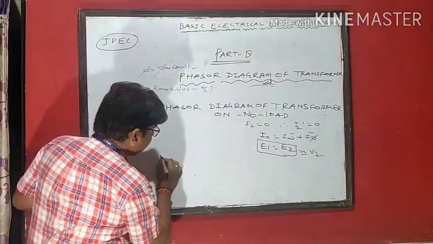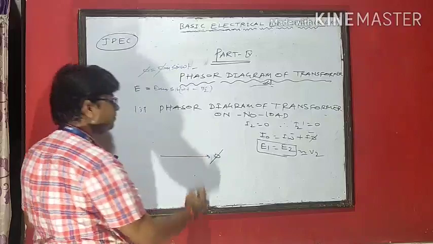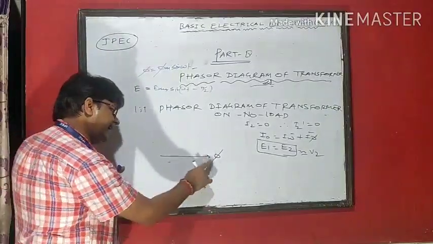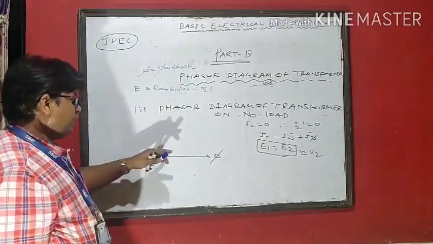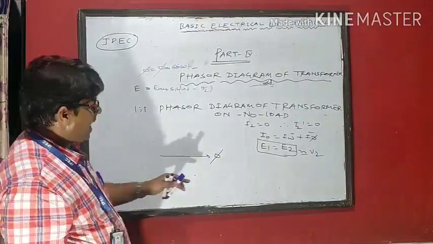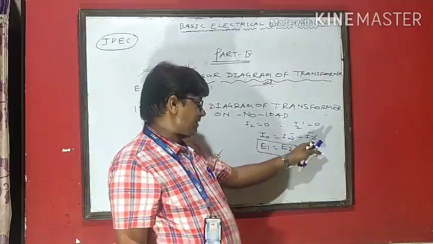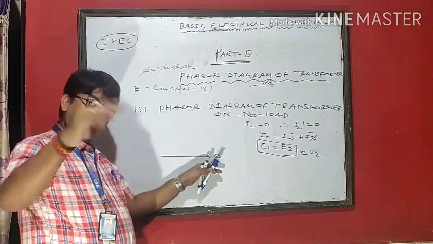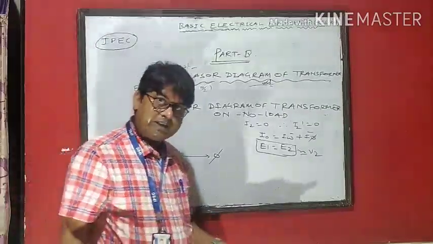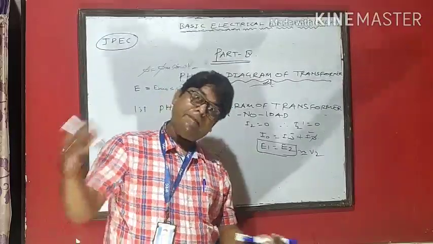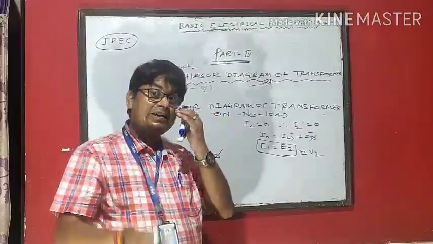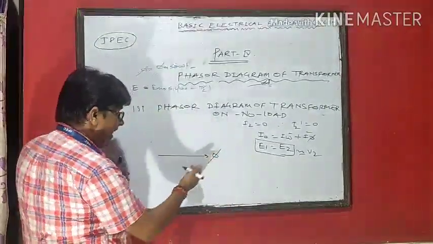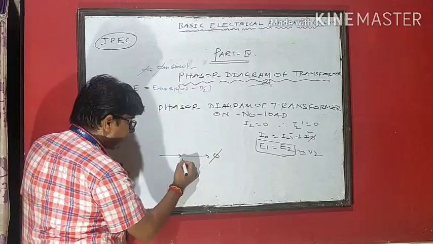Phi is taken as the reference. Step one, phi taken as reference. We know that I phi is in the same phase as phi, because there are two effects at the no load condition. One is working, that means the supply voltage is given. The other is the magnetizing effect, because a magnetic field is there.